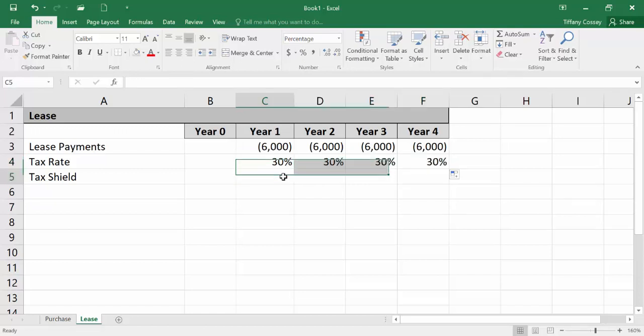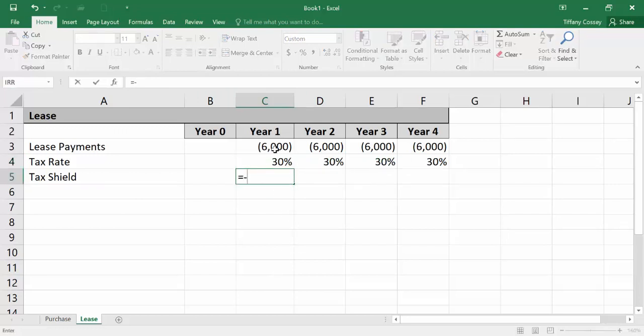And I really only need to do this once, just like before, because it's the same every year. I'm going to flip the sign on my lease payments and multiply it by my tax rate. My tax shield is $1,800 each year because that's how much deducting those lease payments saves me in taxes.